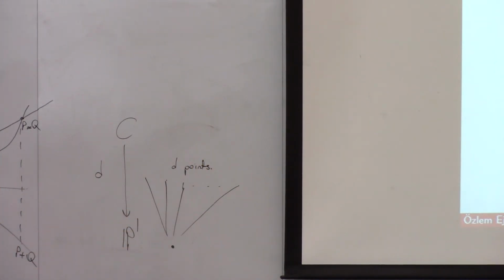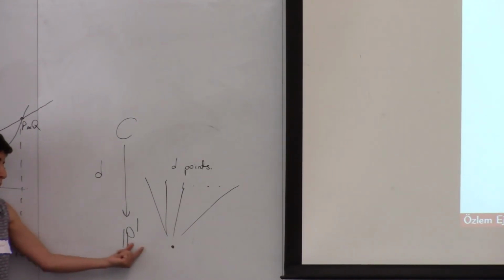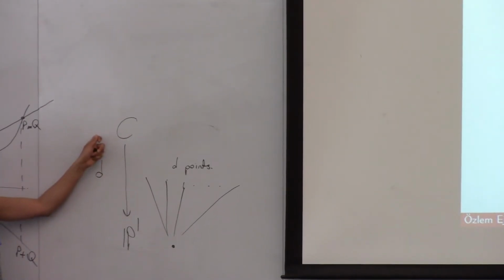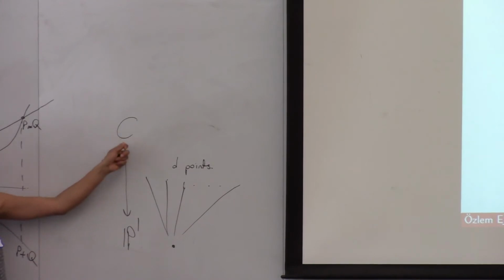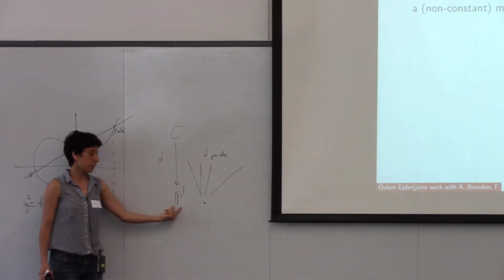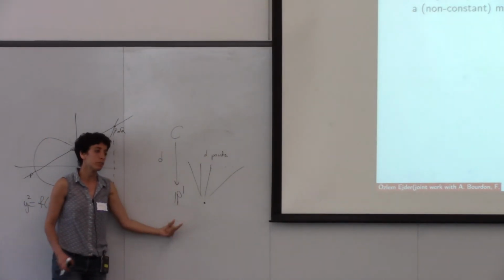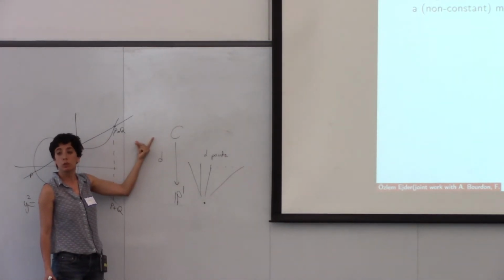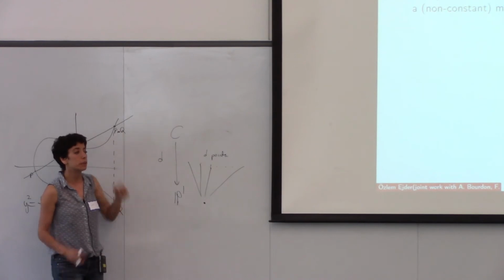And also, if I pick a rational point on P1, then I can pull that point back, and that point will be defined over some degree d number field. Since on P1 I have infinitely many points, they will pull back to infinitely many points of degree d, not necessarily over Q, but over some degree d number field.